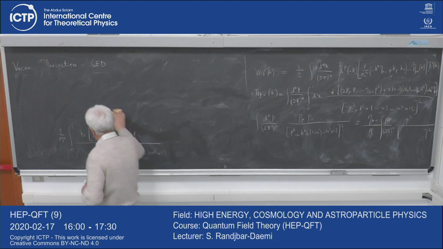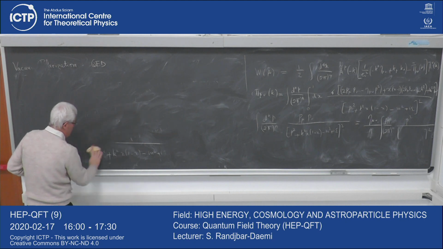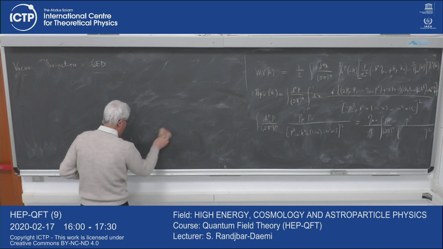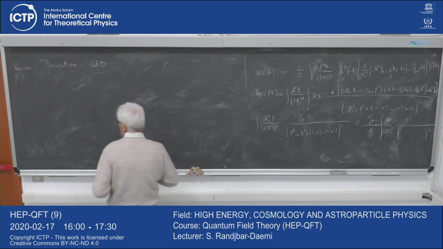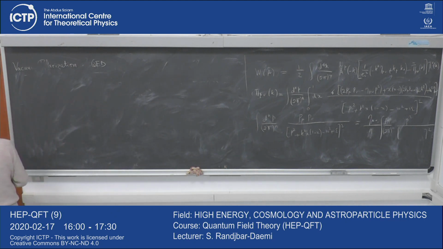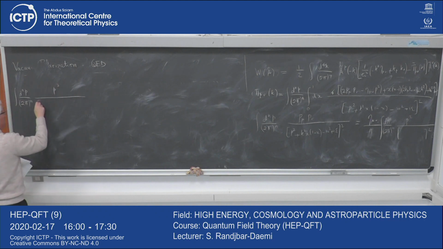If you solve it, you can get the result for any integral of this kind, not only these two, but any other integral also. So let me just quote the formula for the integrals. So we need, you have to do the usual Wick rotation, etc.